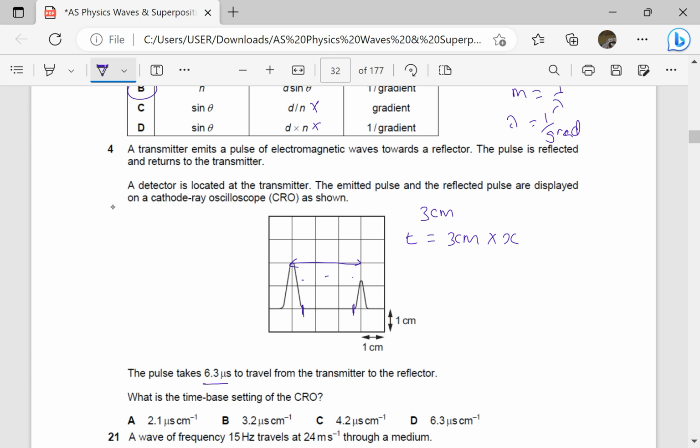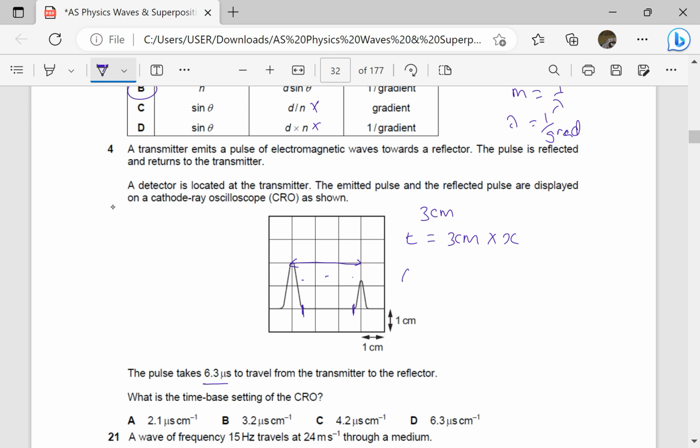So this time I'm going to divide it, because the time here is between transmission and reflection, sending and actually receiving. And this time, the time between the pulses is equal to 3 centimeters times the time-base setting. The pulse takes 6.3 microseconds to travel from the transmitter to the reflector, so I'm going to divide this by 2.